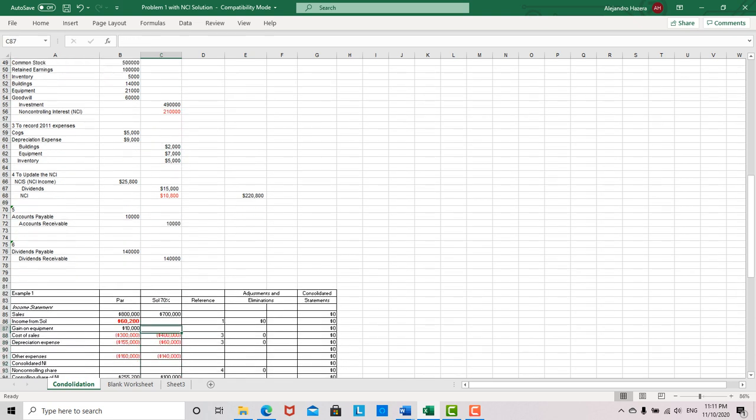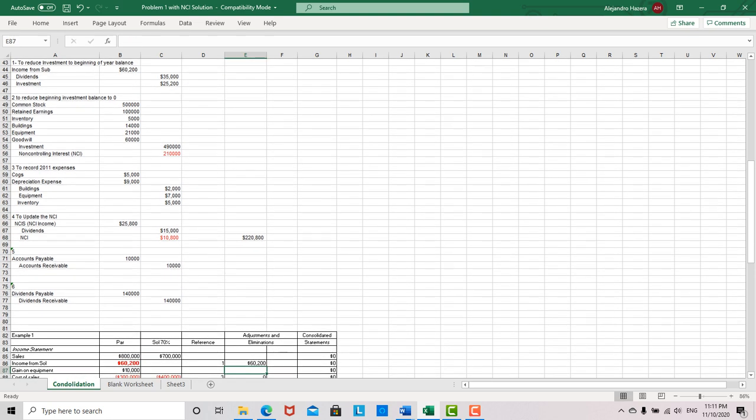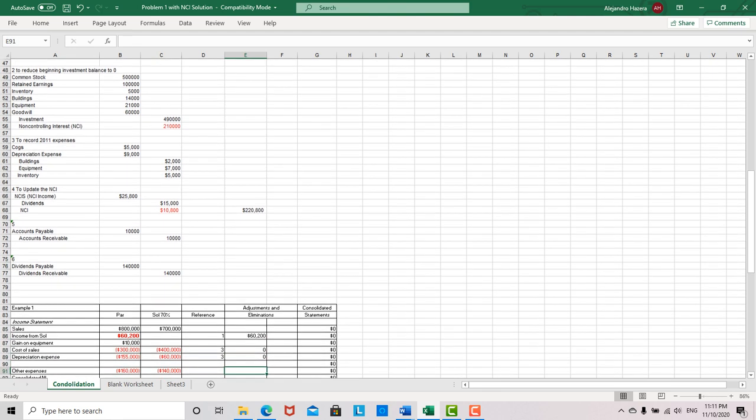Notice I put references right here. So the first debit is to income from sub, 60,200. Notice that will ultimately eliminate the parent's income from sub.